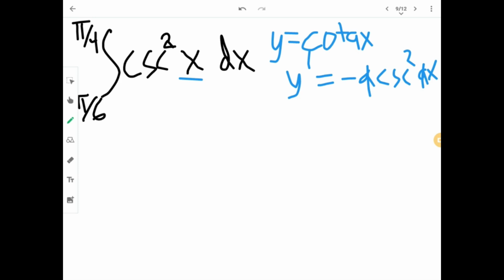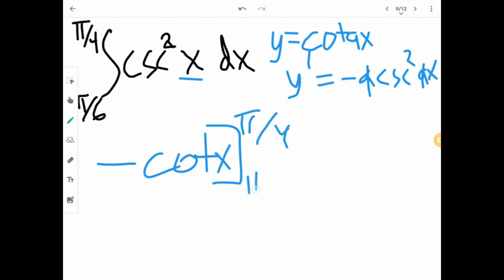Always the minus, it just flips between them. If you have a positive, the other becomes minus. So then the integral becomes minus cotangent x bounded by pi over 4 and pi over 6.